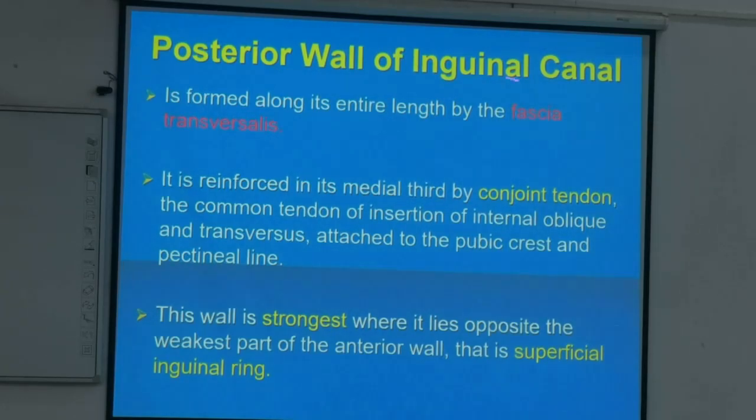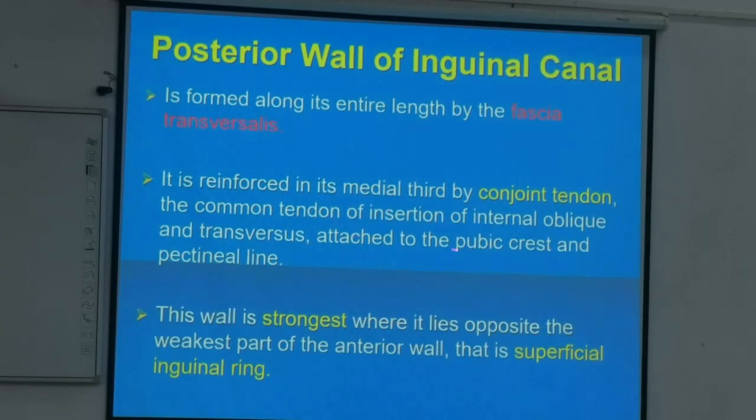Okay, so posterior wall of inguinal canal, it is formed along its entire length by the fascia transversalis. So posterior wall by fascia transversalis, and it is reinforced in its medial third by conjoint tendon. And what is conjoint tendon? That is also asked in viva.